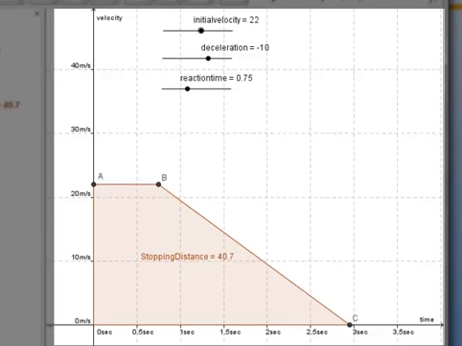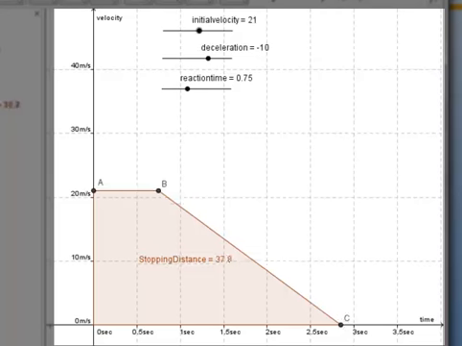It looks like 22 meters per second would be just past the barrier. That would give us a total distance of 40.7 meters. And 21 meters per second as an initial speed would definitely stop in time. So somewhere between 21 and 22 would be the fastest that a driver could go and still stop in time.